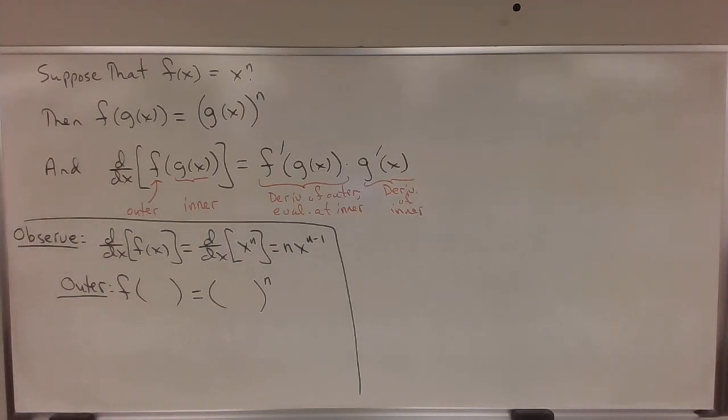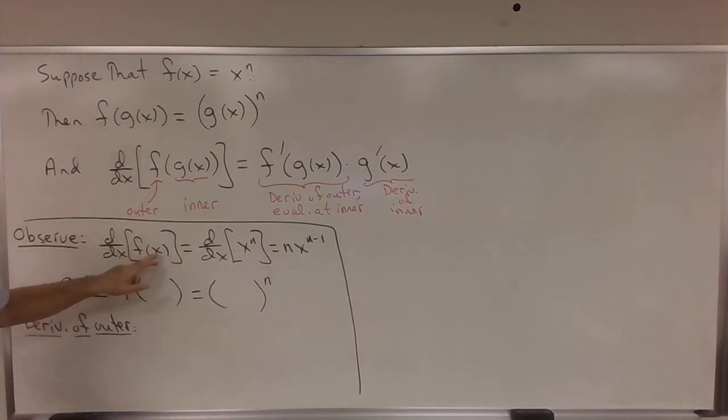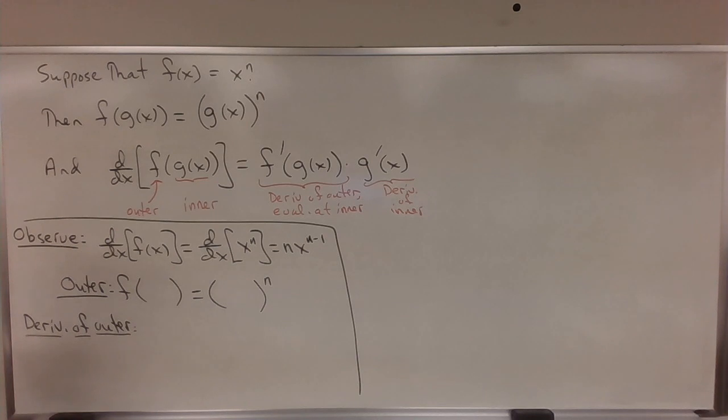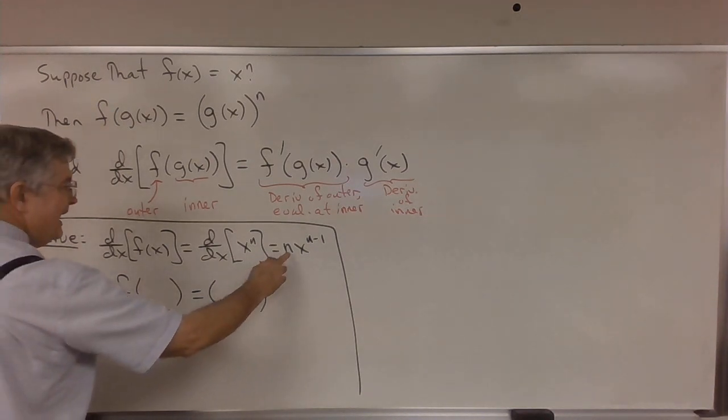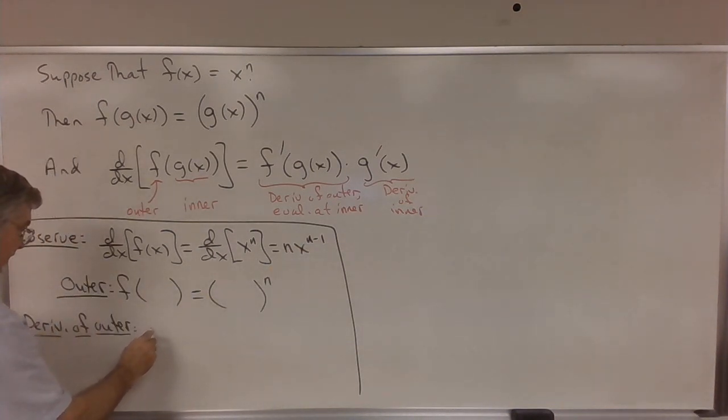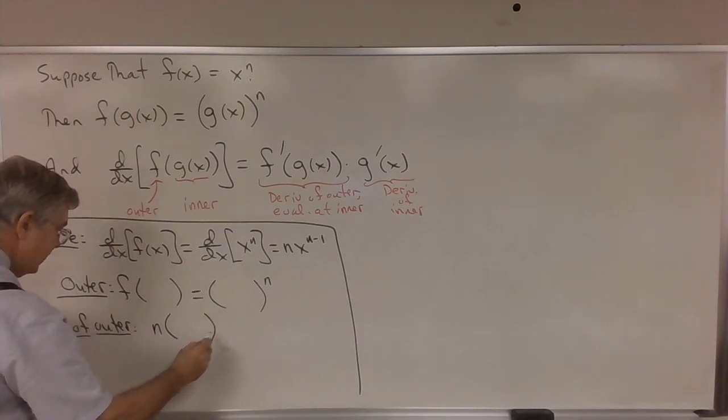Now what about the derivative of the outer function? Well, we just reminded ourselves that the derivative of f of x is nx to the n minus 1. So the derivative of f evaluated at something is going to be n something to the n minus 1. It's going to look like this. And you know what?